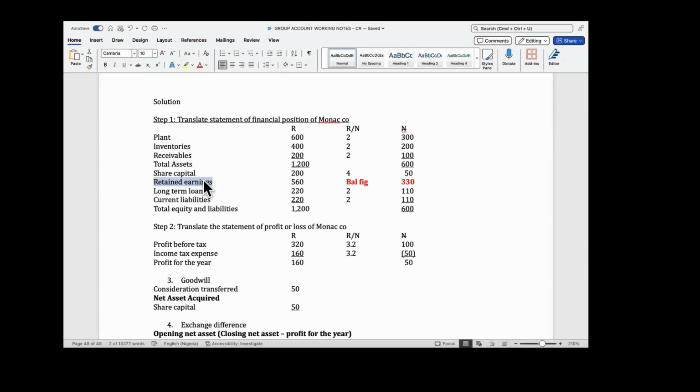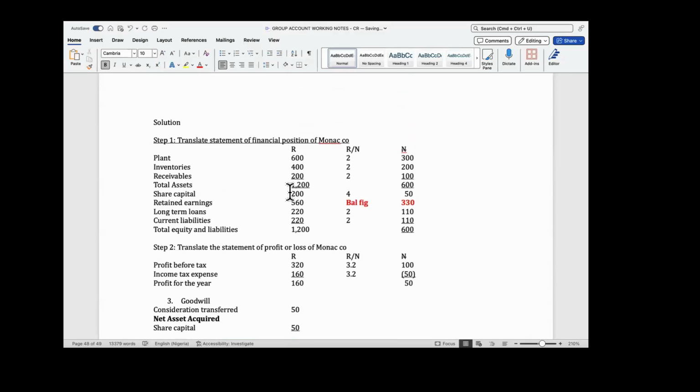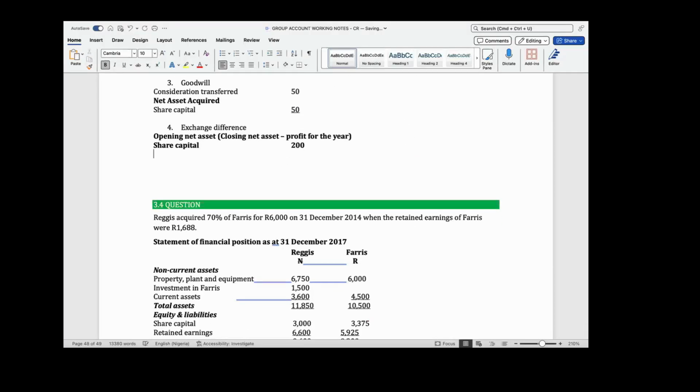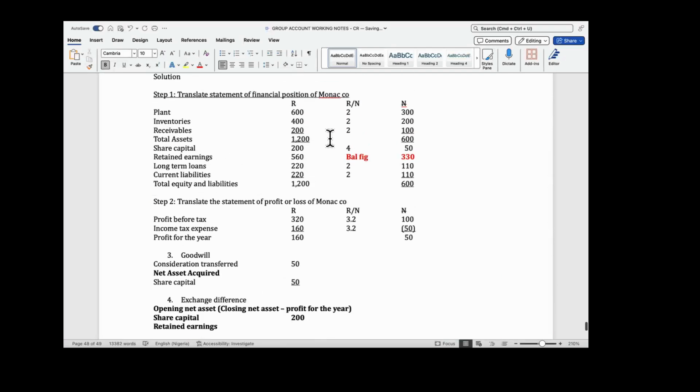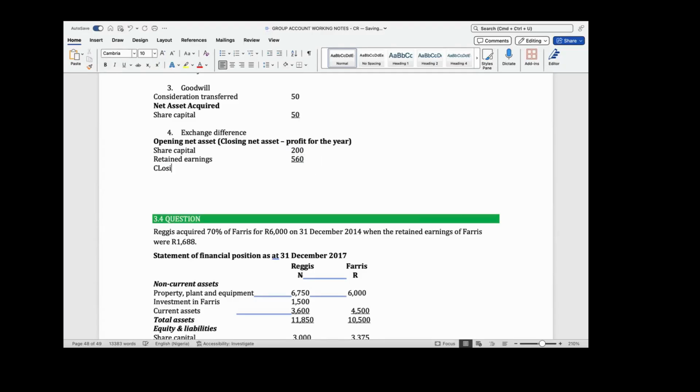And that clearly gives me a sense of my opening net assets. So my closing net assets, which is my share capital, which from here is 200, my retained earnings, which here is 560, then my closing net assets is actually 760.